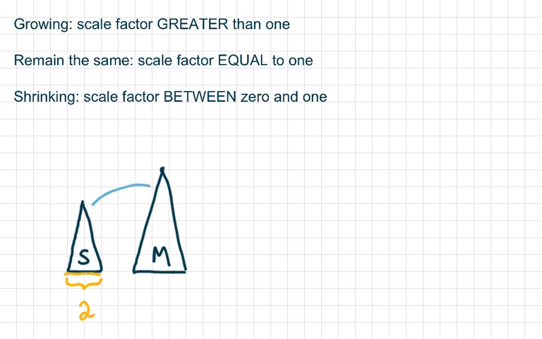So I went from S to M and I multiplied by 3/2. So if you do 2/1 times 3/2, that gives you 3, and that's how I knew that the base of triangle M was actually 3 units across.